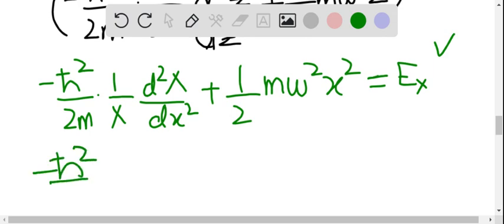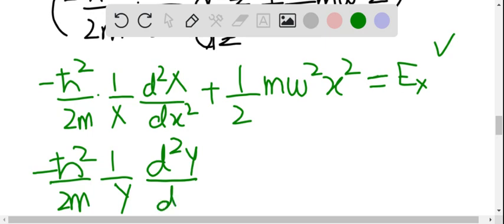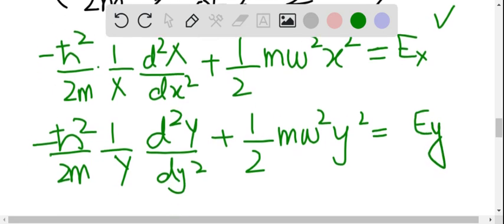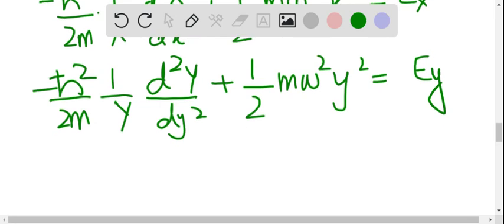So ħ² divided by 2m, 1 divided by Y, d²Y divided by dy², plus 1 divided by 2m times ω² times y² is equal to E sub y. And the last one would be for z.